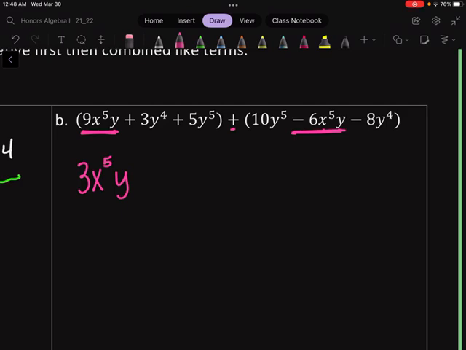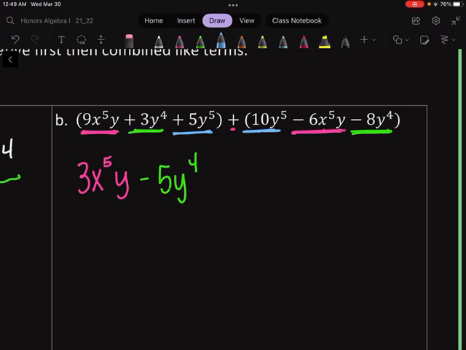So then it looks like I just am going inside of here and looking at the next term. So positive 3y to the 4th, and then I have plus a negative 8y to the 4th, which would be minus 5y to the 4th. And then finally, do these combined here.